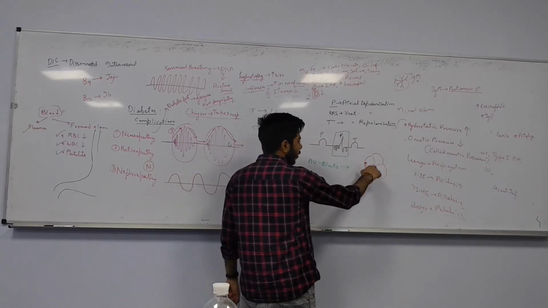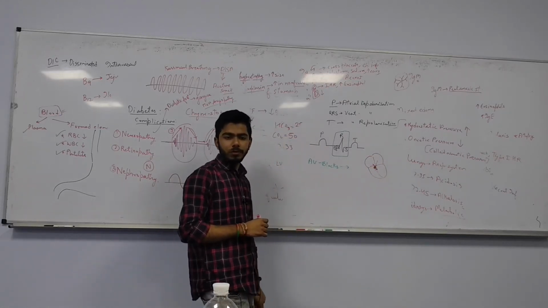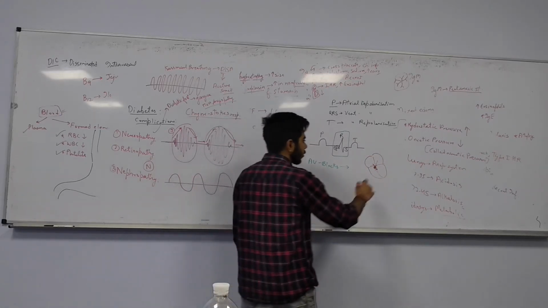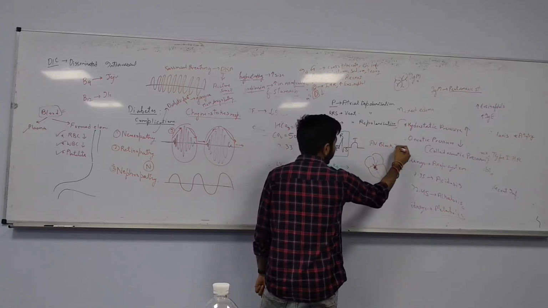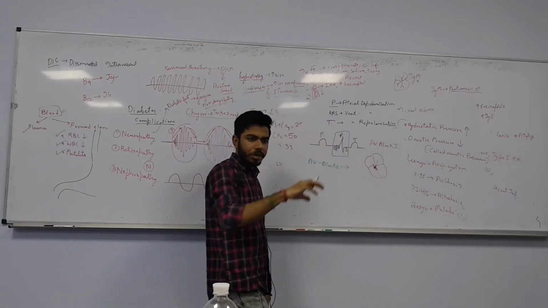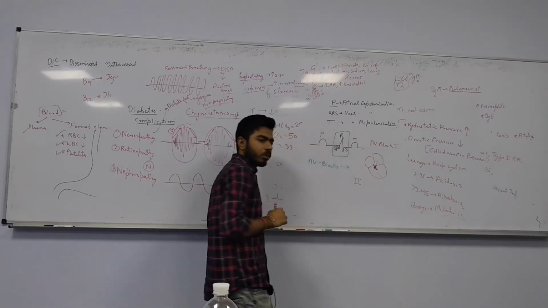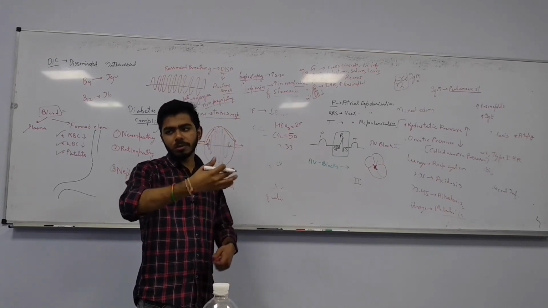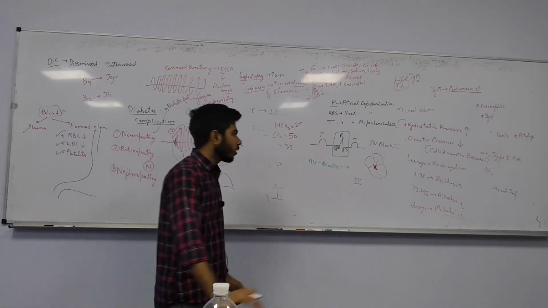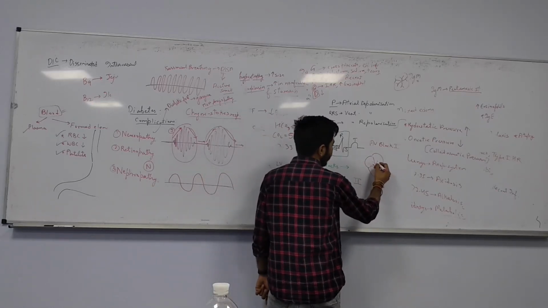If there is some kind of blockage over here, will the impulses be able to come over here? They will not be able to come into the ventricles. So in the AV block type 1, some of the impulses can travel from atria into the ventricles. In the AV block type 2, some impulses can come into the ventricles, some impulses can be remaining in the atria only. But in the AV block type 3, no impulses are coming into the ventricles.